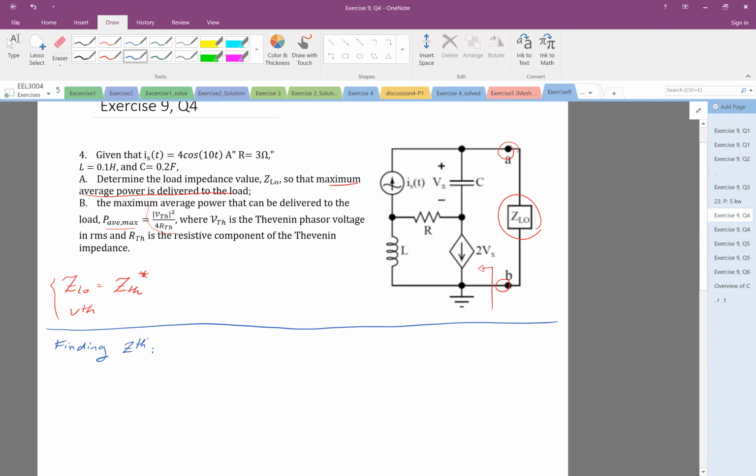To do that, the first thing we need to do is to zero the independent sources.